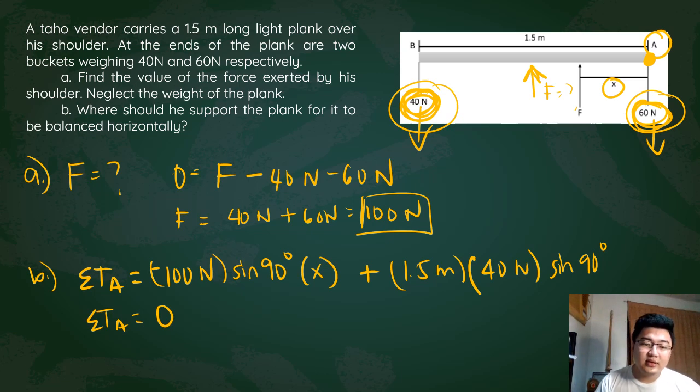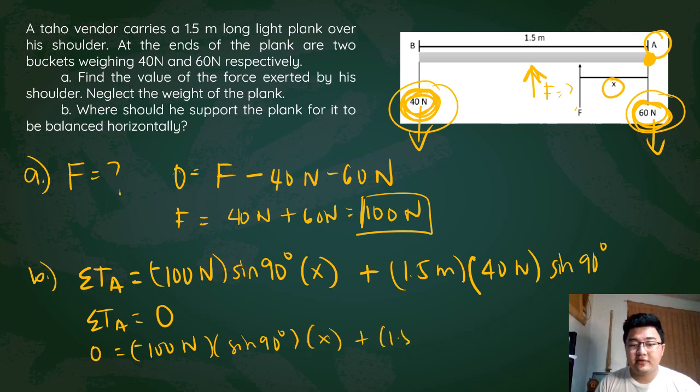If this is 0, then we can replace it as 0 is equal to negative 100 newtons times sine 90 times x plus 1.5 meters times 40 newtons times sine 90 degrees.